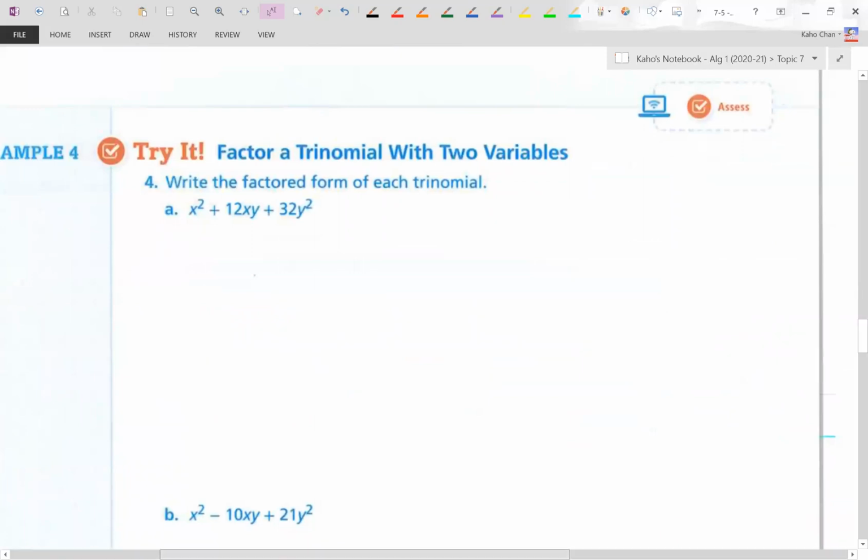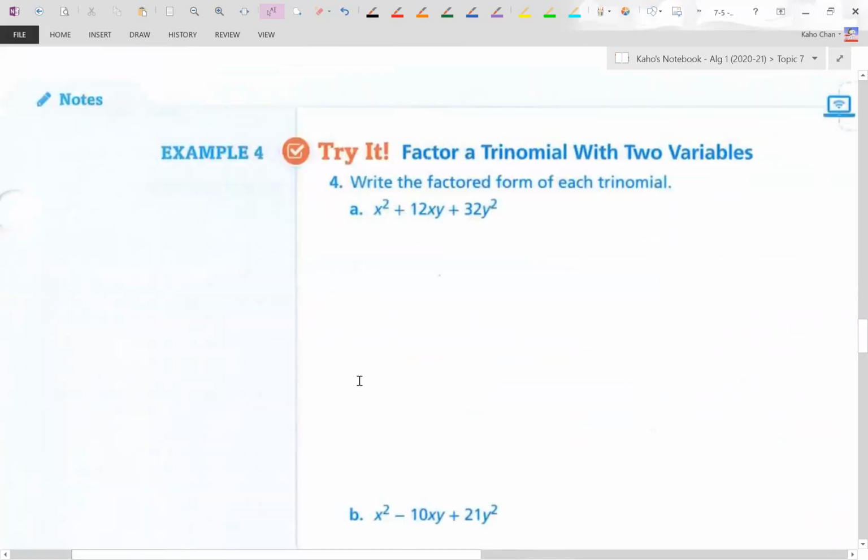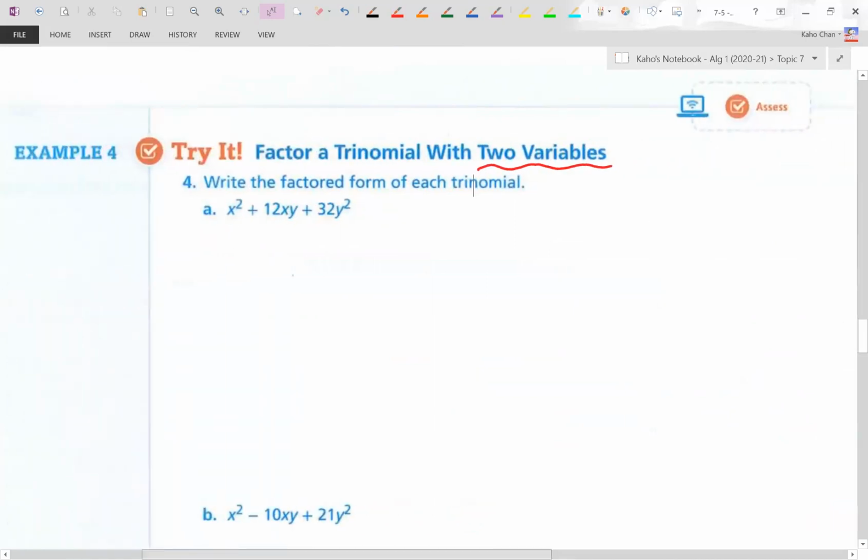All right. Number 4. Write the factored form of each trinomial. Oh boy. This trinomial has 2 variables. Now I remember running across this when I was a kid. What our teacher told us back in the day was, notice the letter y right there and y squared. Just ignore it.